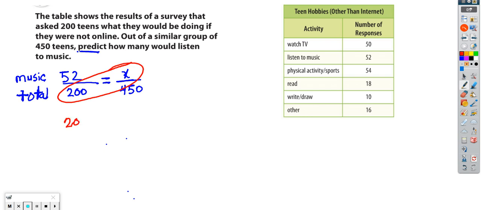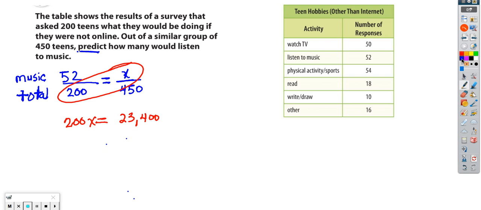That gives me 200 times x is equal to 52 times 450. 52 times 450 is 23,400.